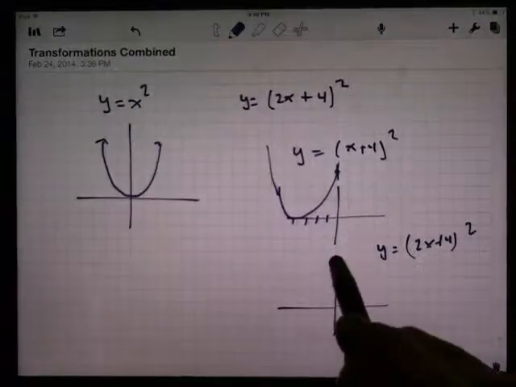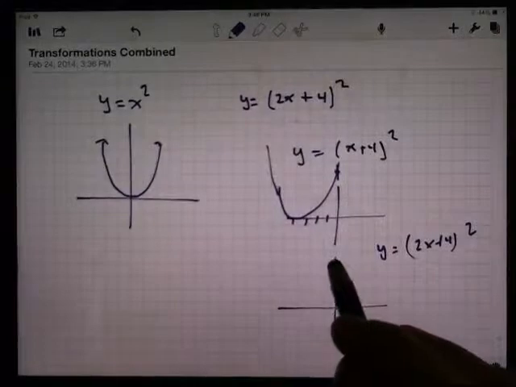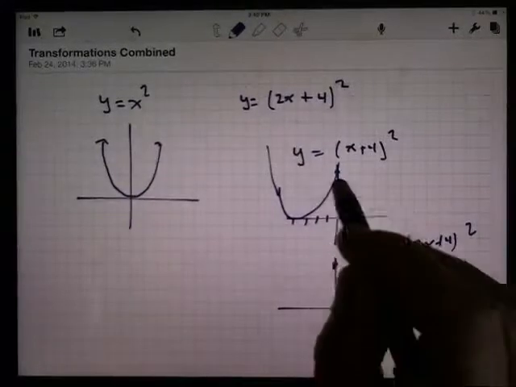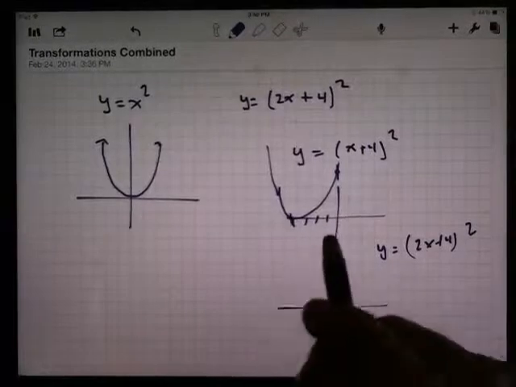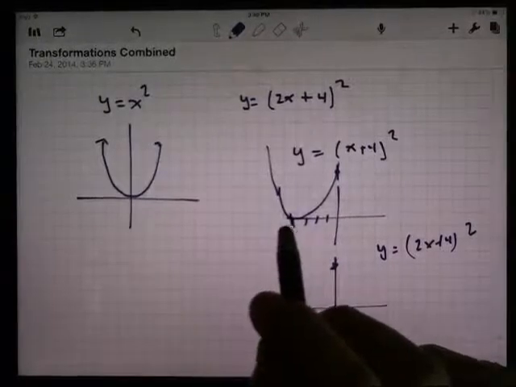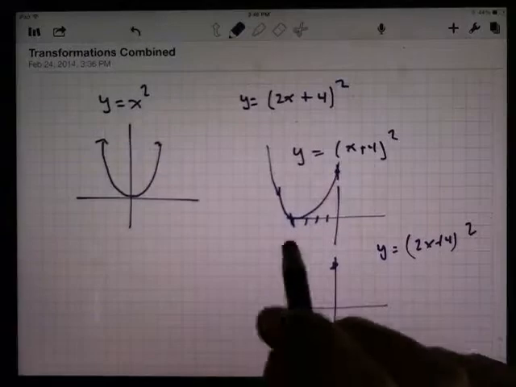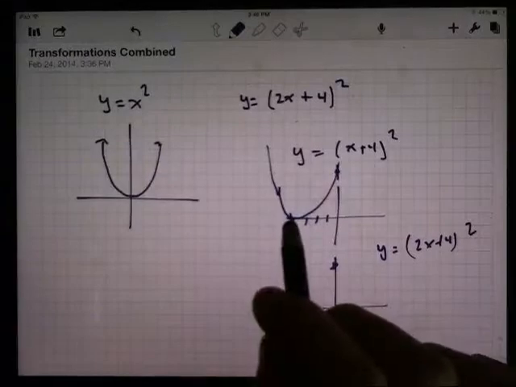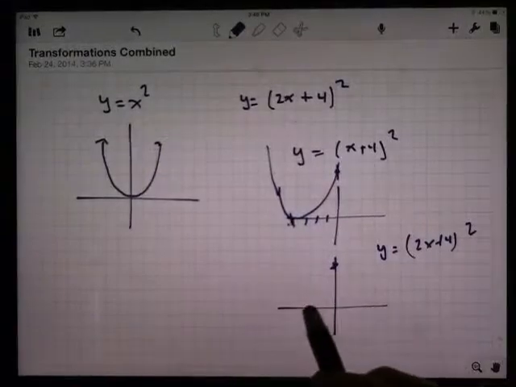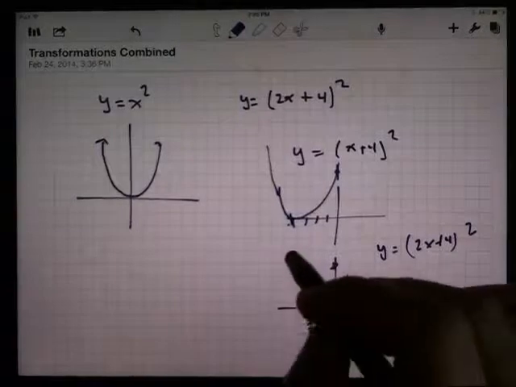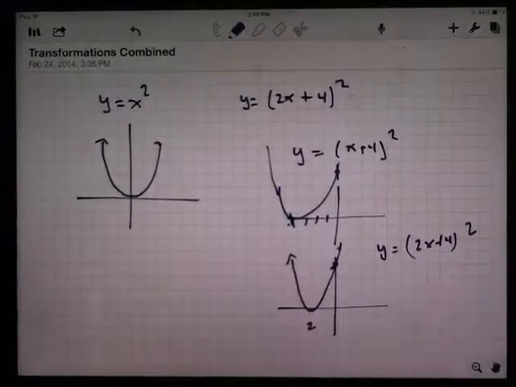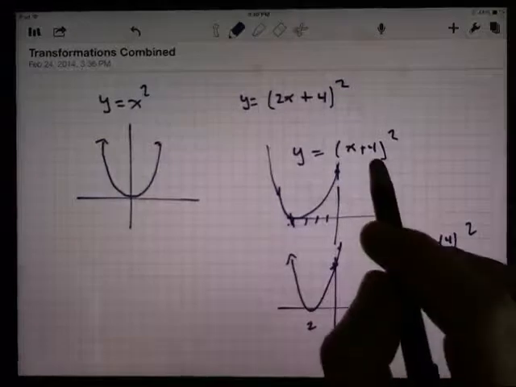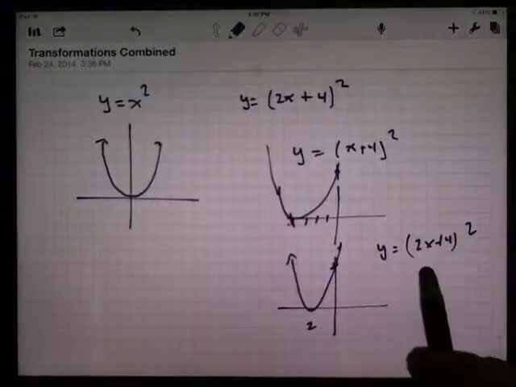It's squeezing symmetric to the y-axis, so the intercept stays there. But this point that was out at 4, all the x values are getting cut in half. So where that used to be at 4, it's now at 2, and all of that got squeezed in. So you can think of it as a shift of 4, but then it was squeezed by 2.